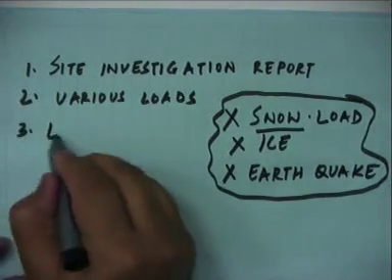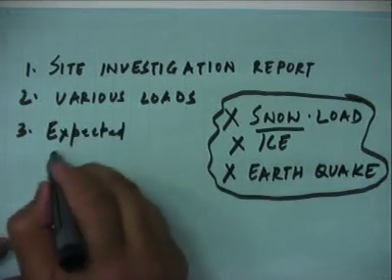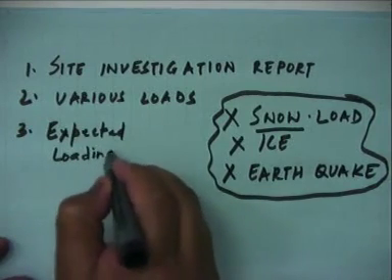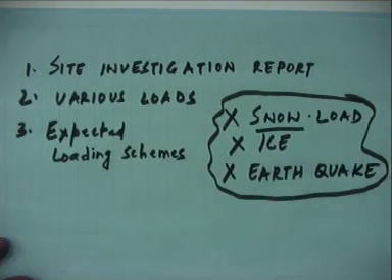You also try to find out the expected loading schemes, for example, how you are planning to construct your building, what structure you are likely to take up first, and corresponding to that you will try to understand how the load flows, whether it's going from slab and beam to column and then to the footing.